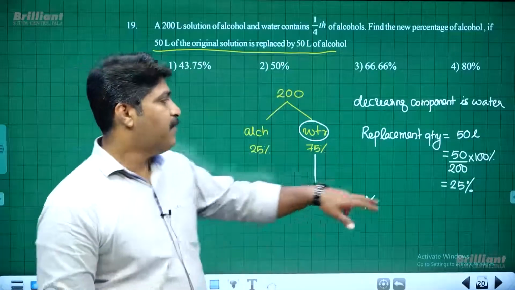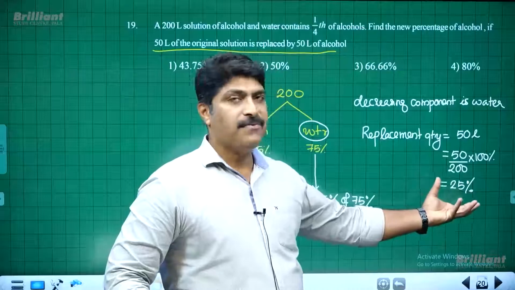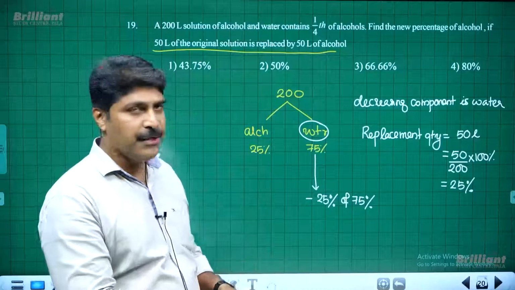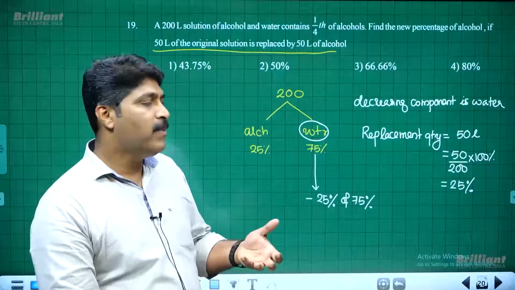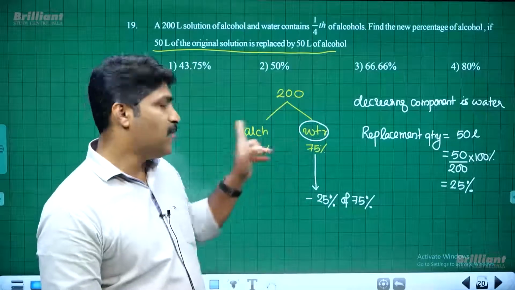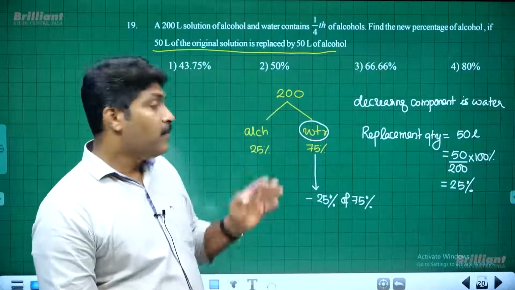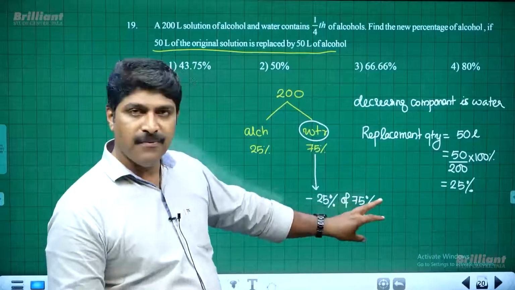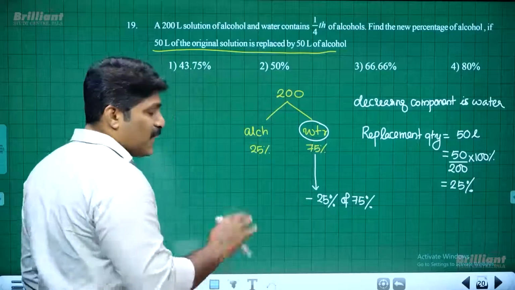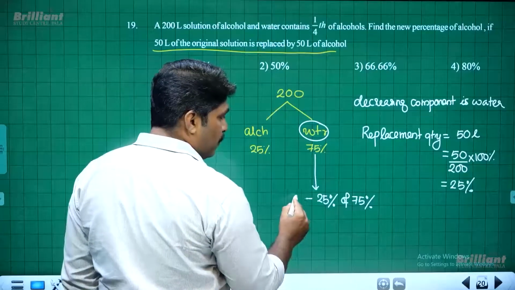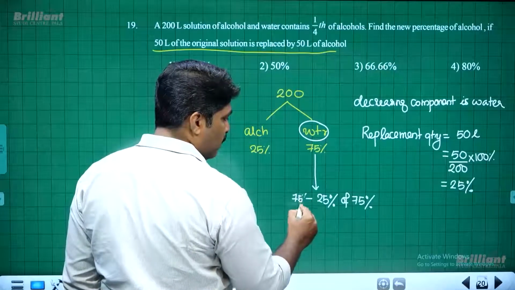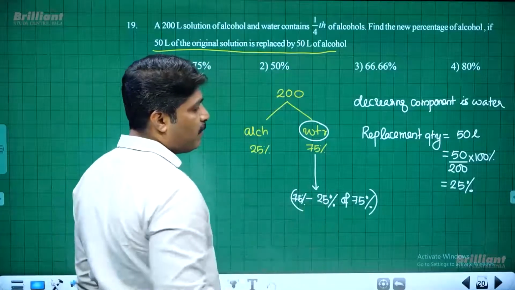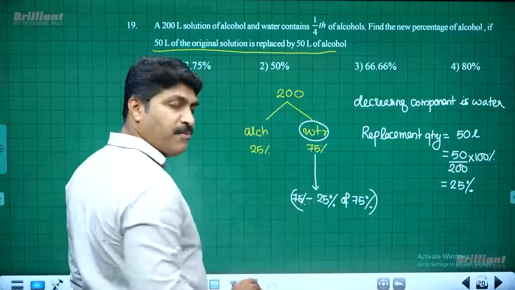So this 50 liter is 25% of the total solution. When we remove 25% of the total solution, that removal is applicable on both components, alcohol and water. So the water percentage is reduced by 25% of 75. Initially that was 75%, so now it becomes 75% minus 25% of 75.